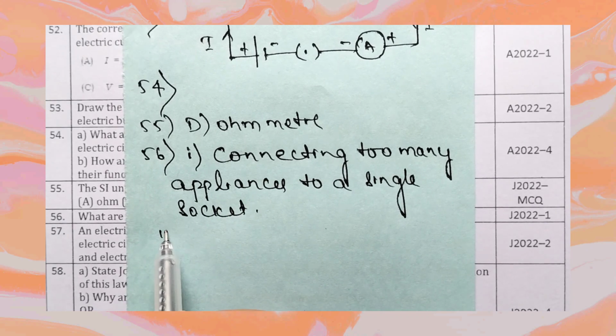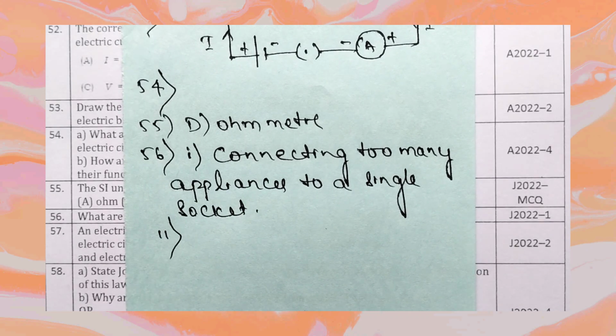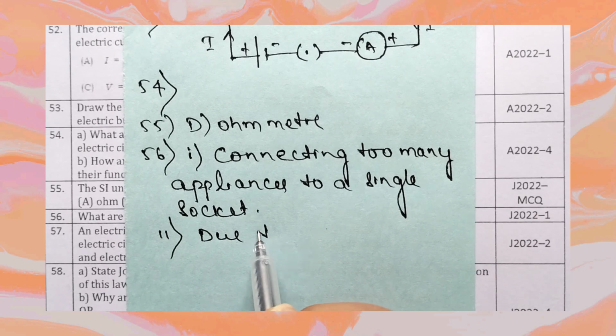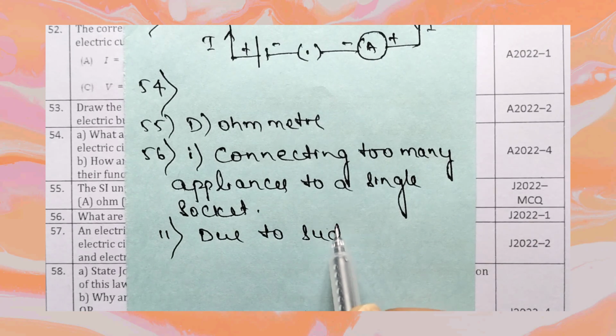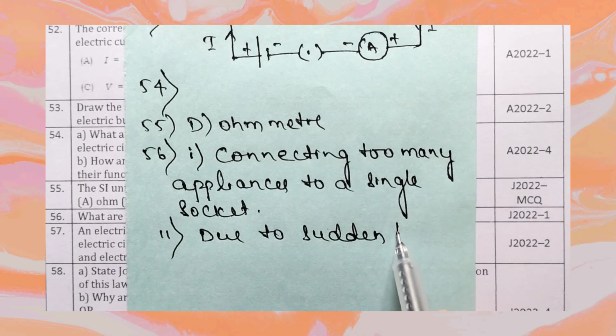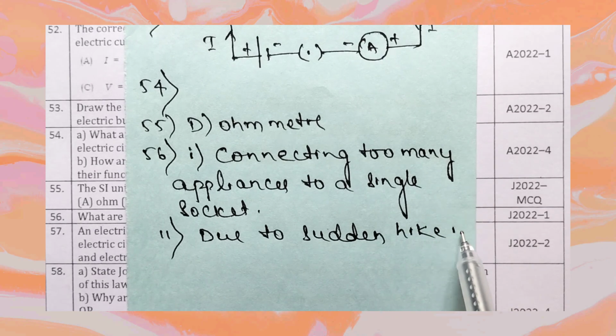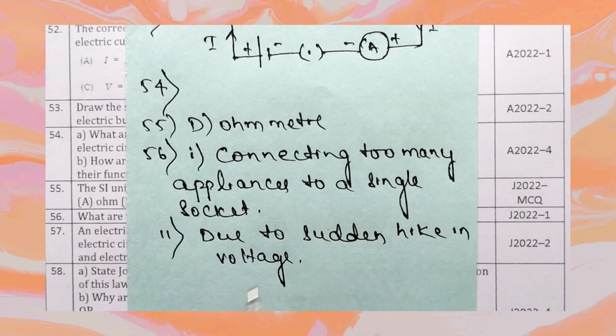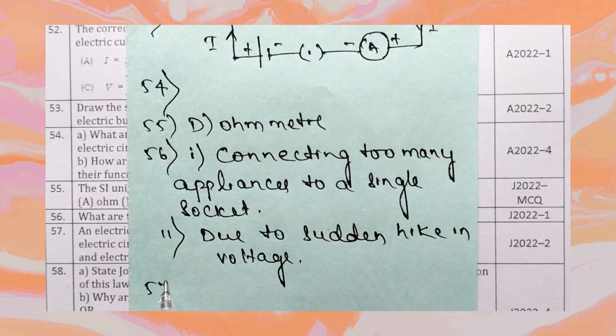This is the first reason why the overload occurs. The second is due to a sudden hike in voltage. Due to a sudden hike in voltage is the second reason for overloading.